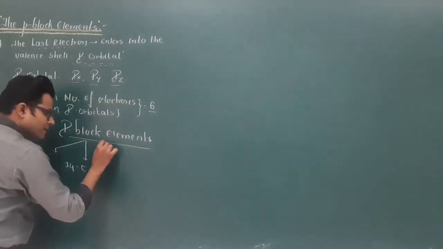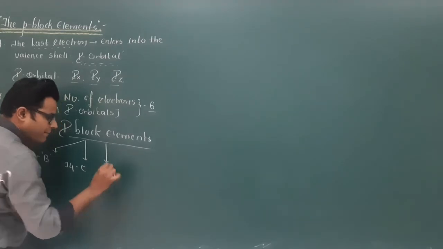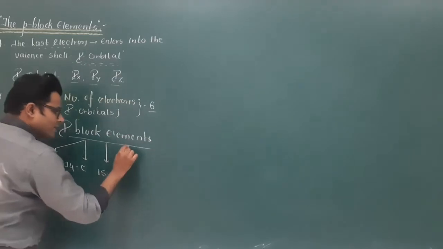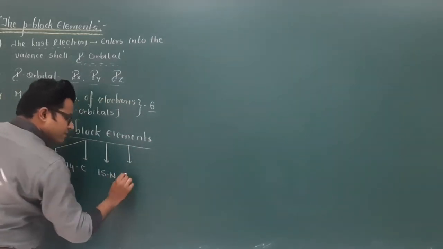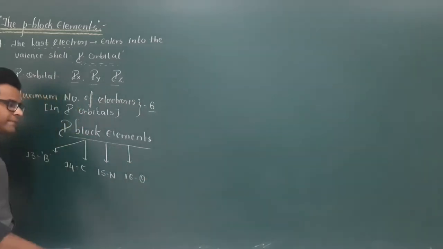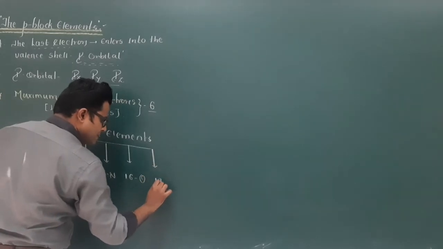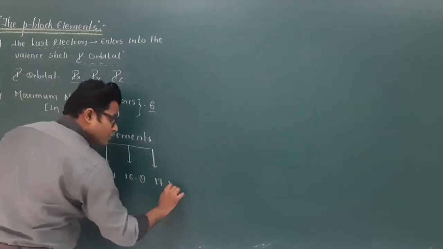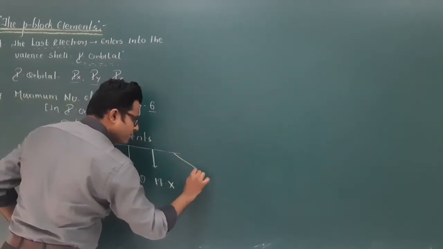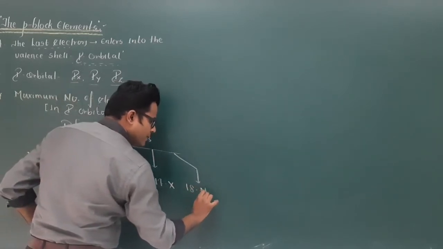Next is group number 15, the nitrogen family, also called the pnictogen family. Next, group number 16, the oxygen family. Further, group number 17, the halogen family. And finally, group number 18, the noble gases.